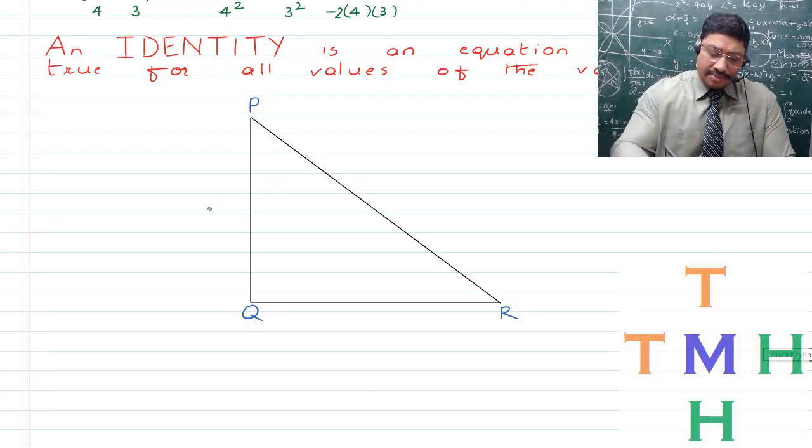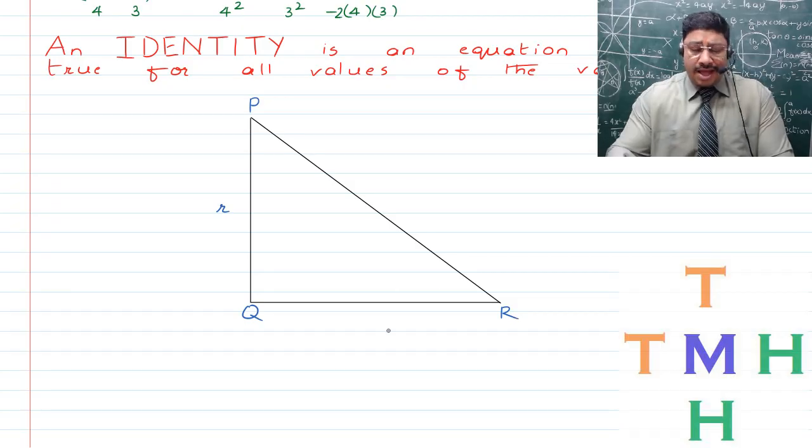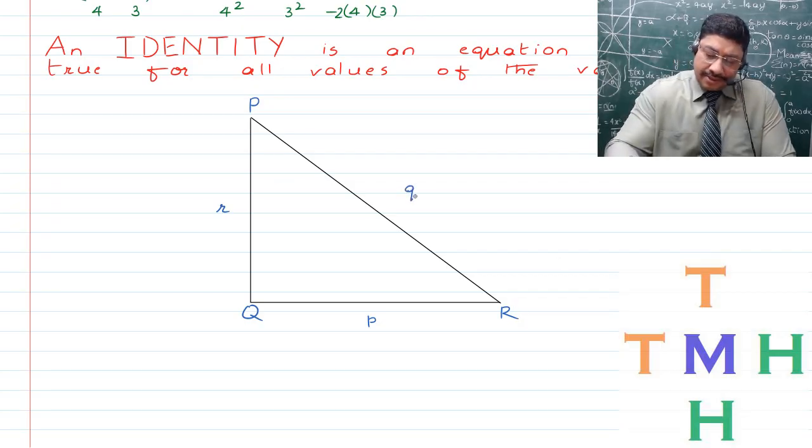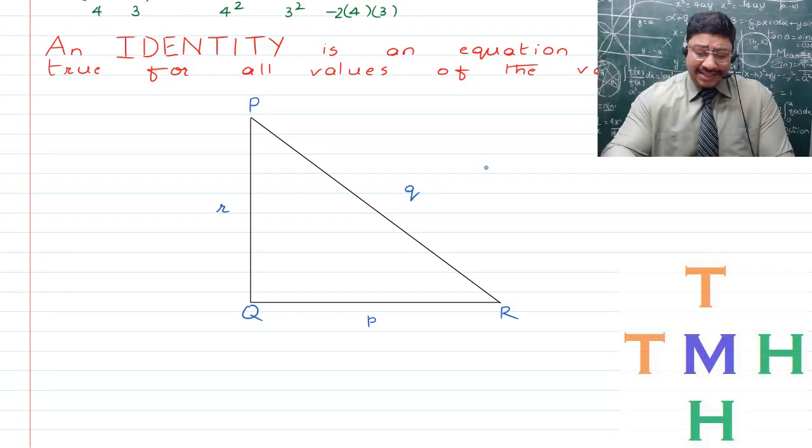So PQ is going to become equal to how much? Small r. QR will become equal to how much? Small p. And PR will become equal to how much? Small q. That's good.